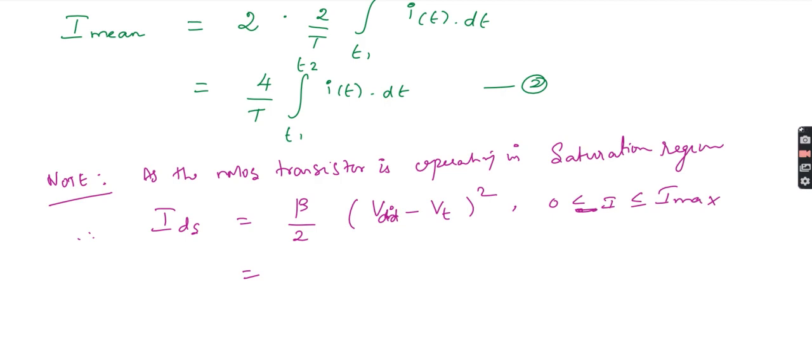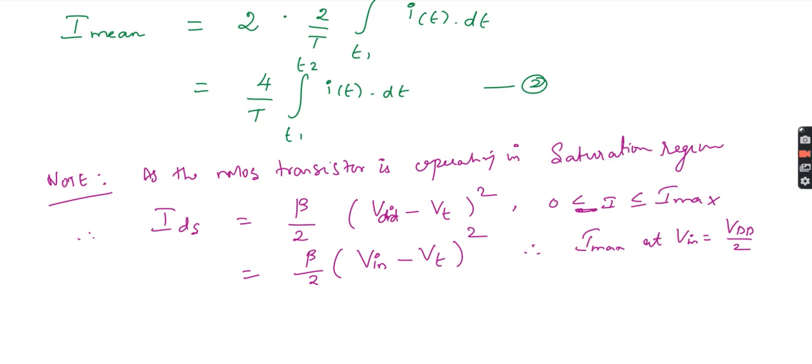So instead of VDD, actually I can write beta by 2. We are considering here the input, because for input Vn minus Vt the whole square, we know that the I max will be obtained when your input is equal to VDD by 2.